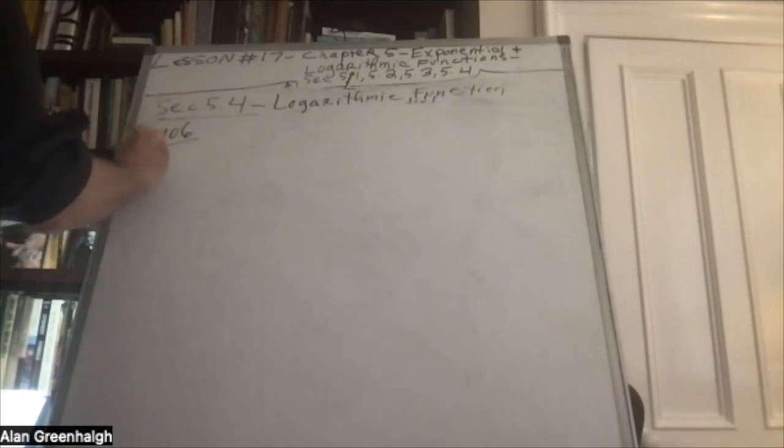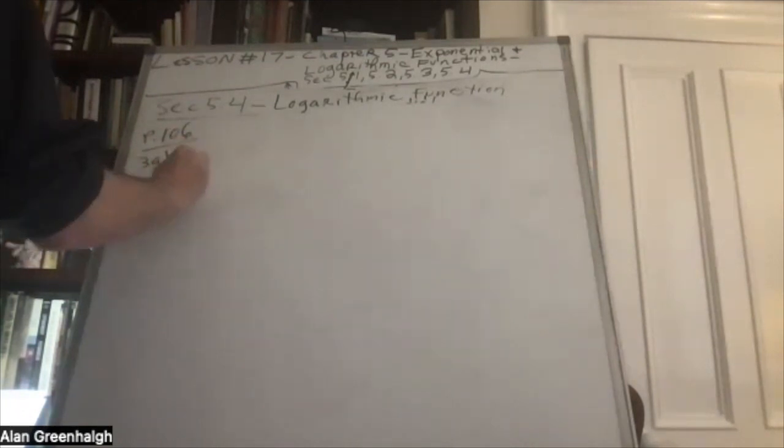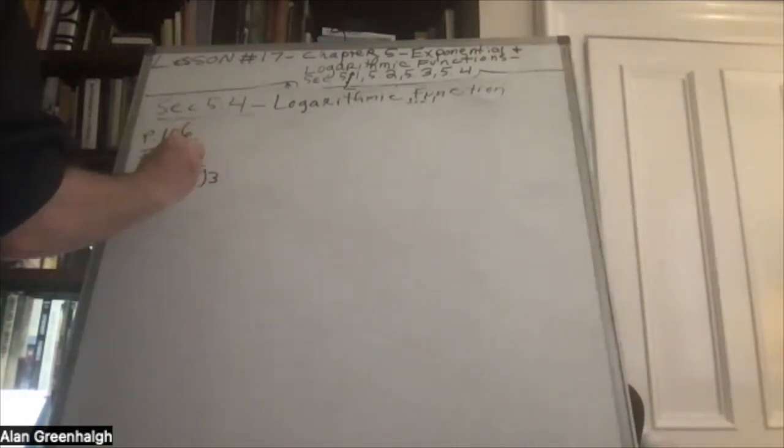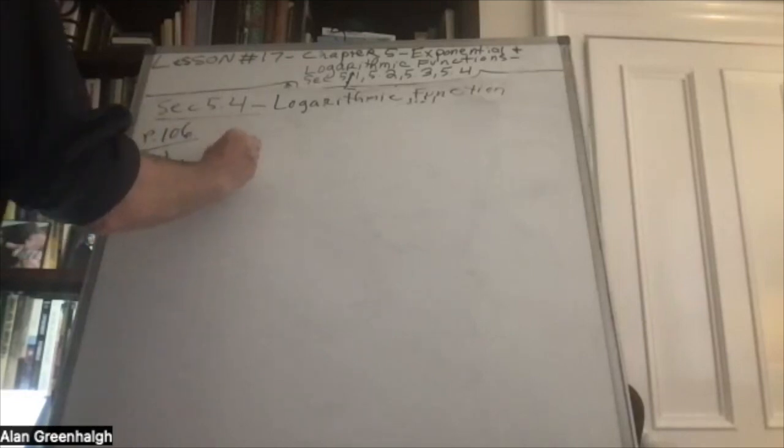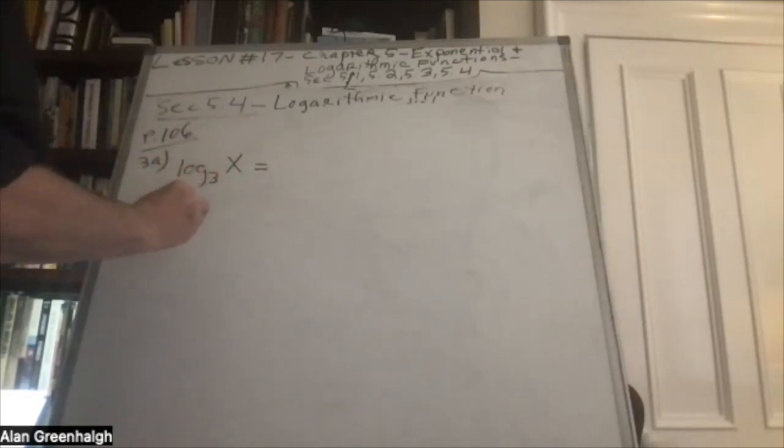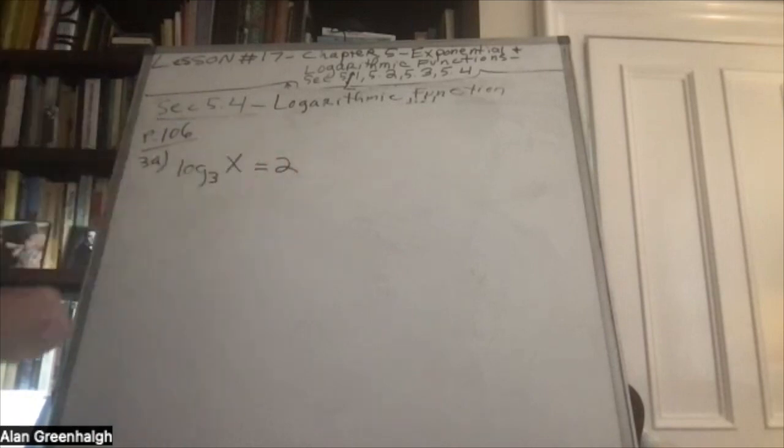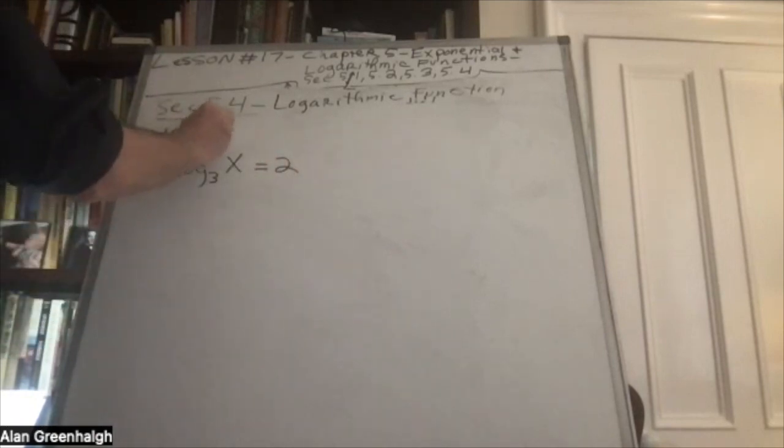And this is actually what the homework consists of. 106, 3a. And this is log base 3. The number is x, and the exponent is 2. Solve for x.